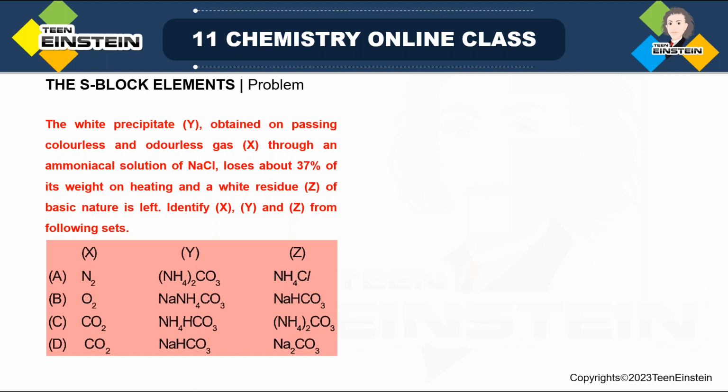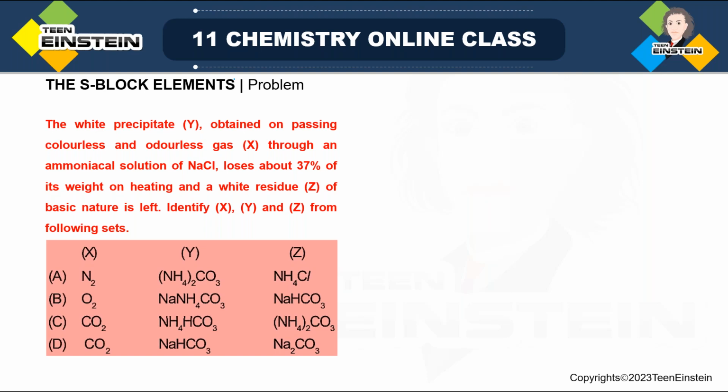Now this problem is also related to the same equations that we have just seen in the Solvay process. The question is designed in such a way as to make it a little difficult, but if you read it carefully, you will see it is actually the same reactions.